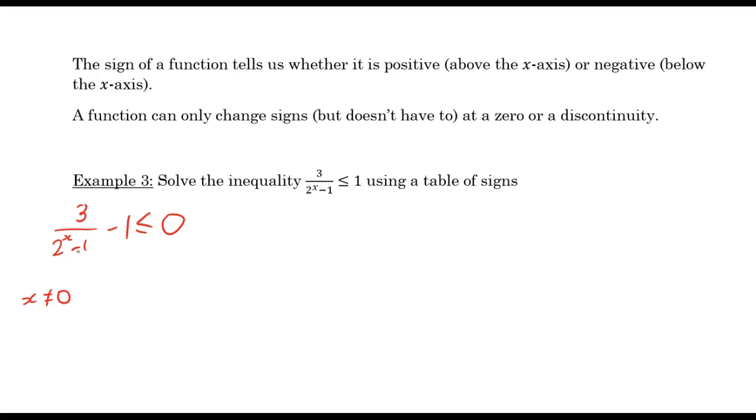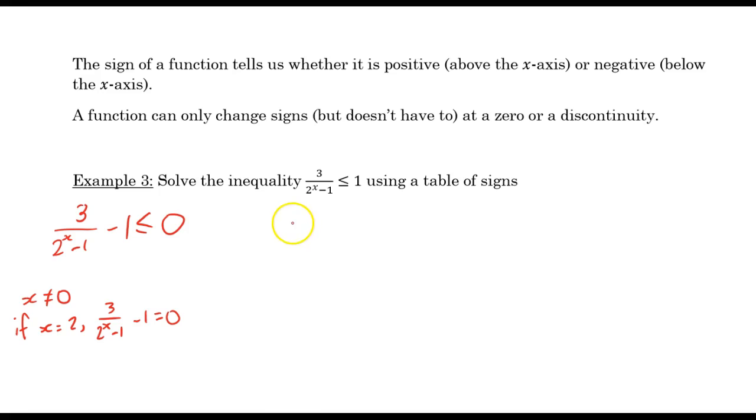So, if x equals 2, 3 over 2 to the x minus 1 is not less than or equal to, it is equal to 0. So the points I need to look at are when x equals 0 and x equals 2.